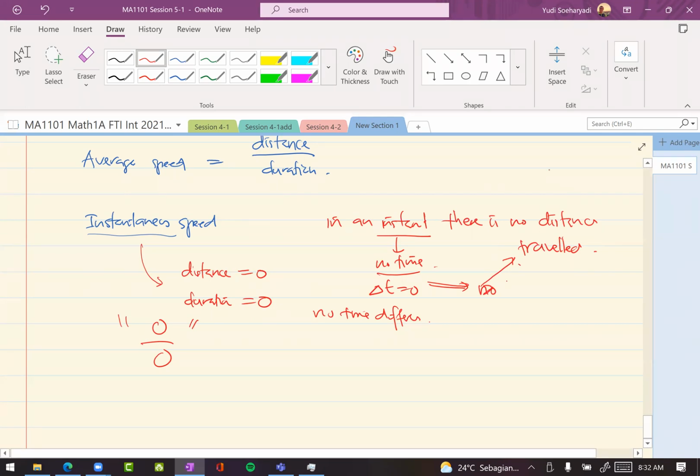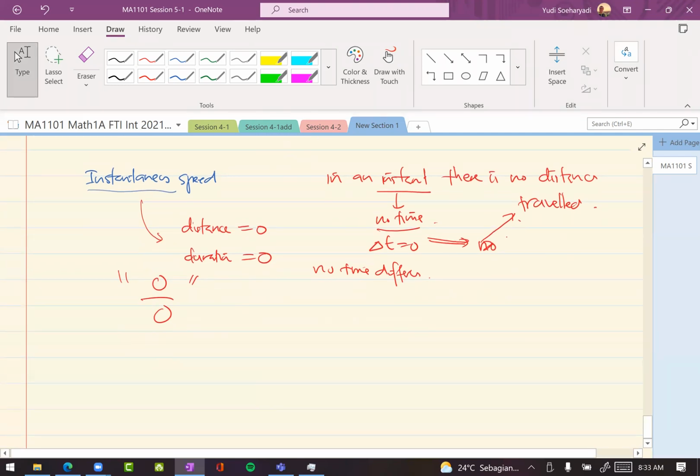The notion of instantaneous speed, if you define it as distance over duration, is 0 over 0. You see the reason why it's 0 over 0? Yeah. Okay, you see this is 0 over 0. Then it's kind of a contradictory thing.